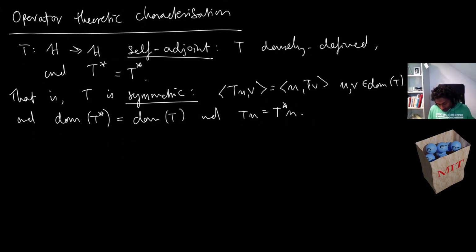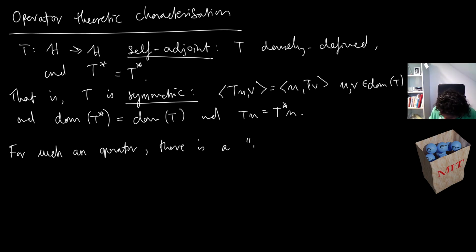So I'm sure you've seen self-adjoint operators before, and I hope that you've also come across the spectral theorem. For such an operator, there is a "measure", and I'm putting this in quotation marks because it's not real valued.